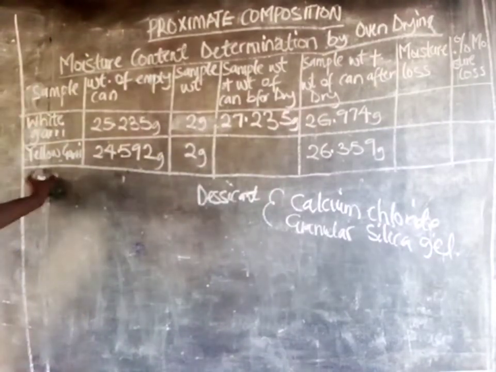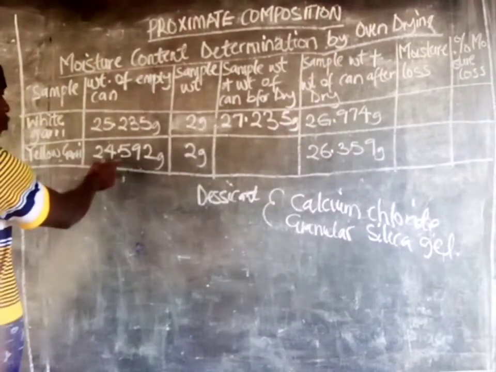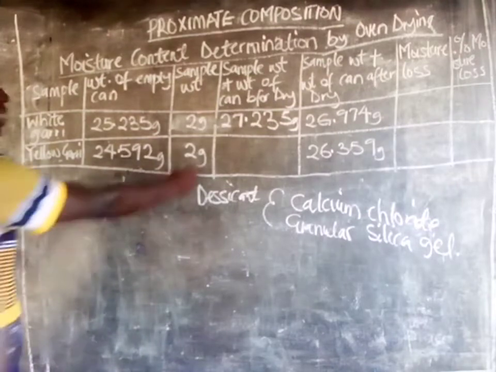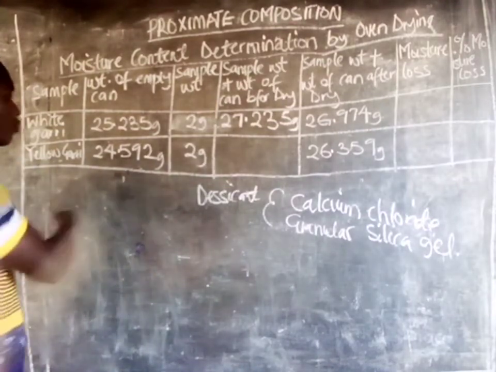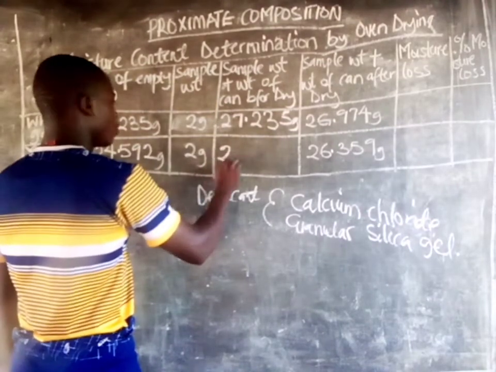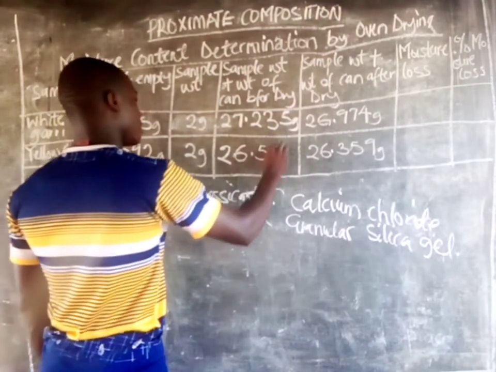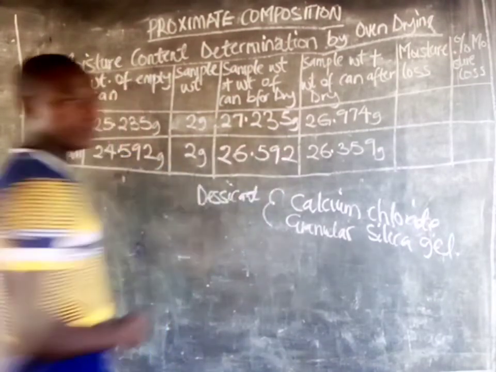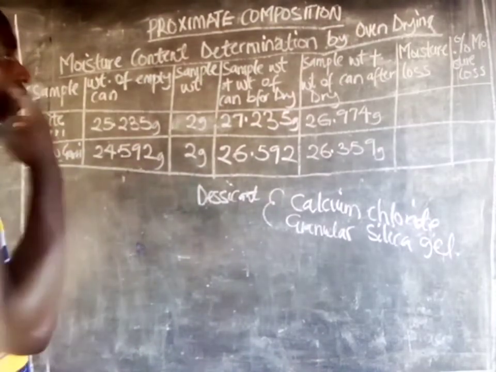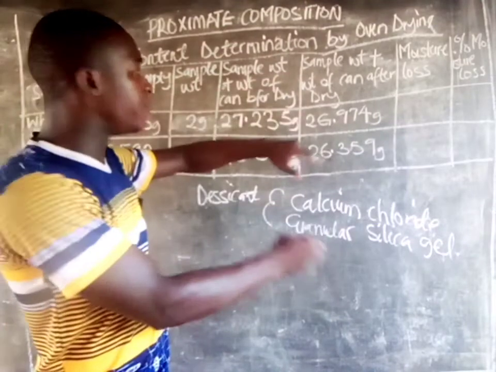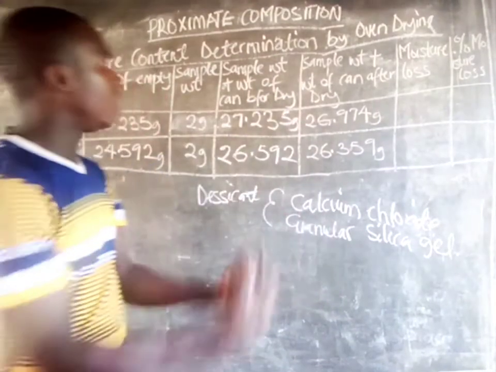For yellow Gari, the weight of the can was 24.592 grams, and when you add the sample weight of 2 grams, we had 26.592.